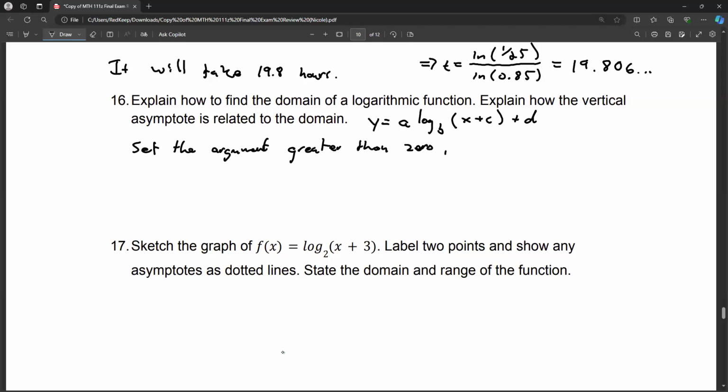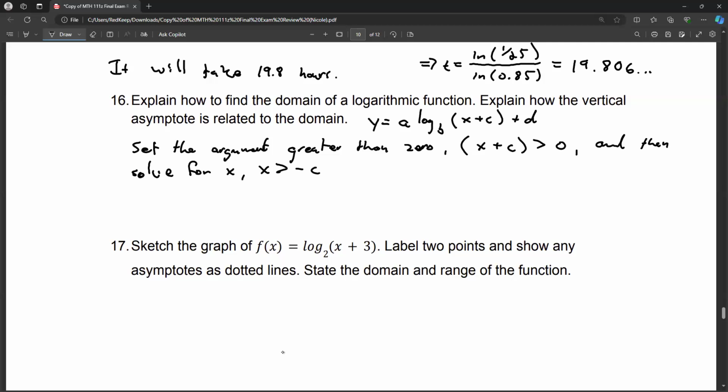So that might look like x plus c greater than 0. And then solve for x. So we would say x is greater than negative c would be the domain.